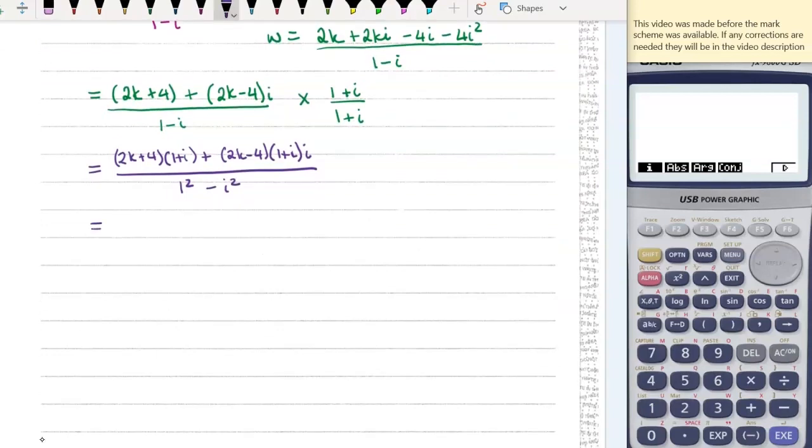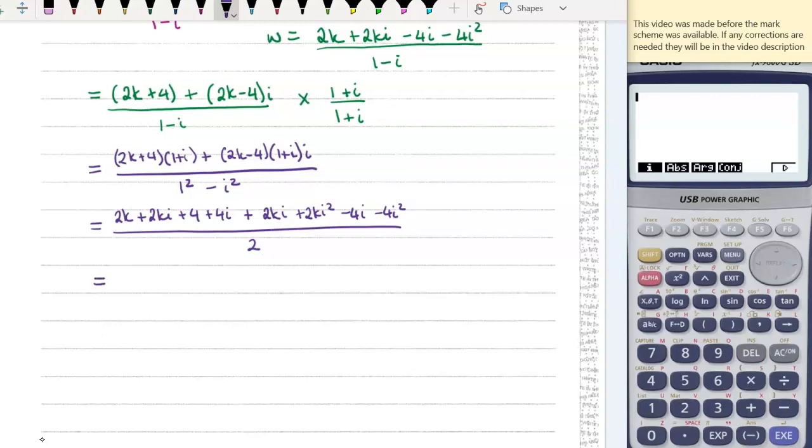So we have, expanding that bracket, we have 2k, 2ki plus 4 plus 4i plus 2ki, 2ki squared minus 4i minus 4i squared, all over 2, since we've got 1 squared minus i squared, and i squared is minus 1, so our denominator simplifies to 2.